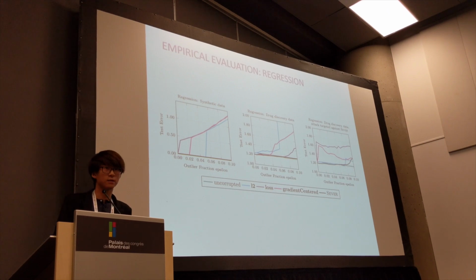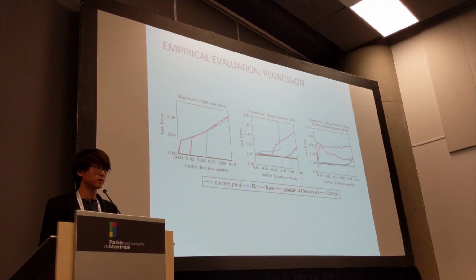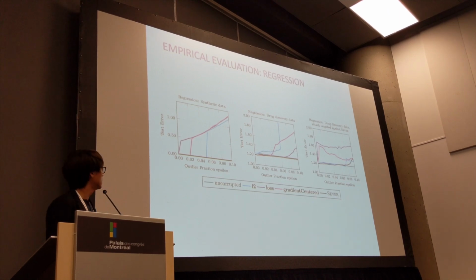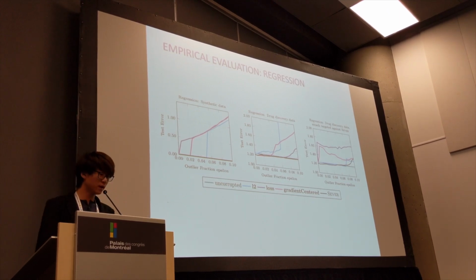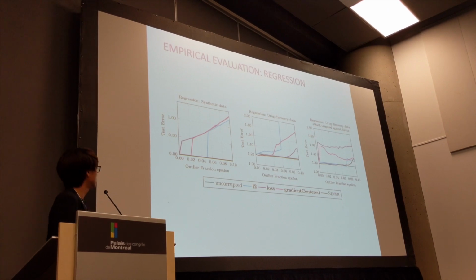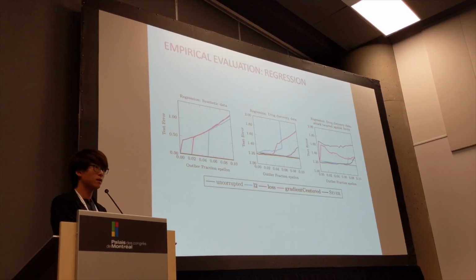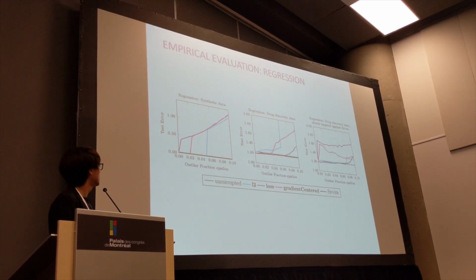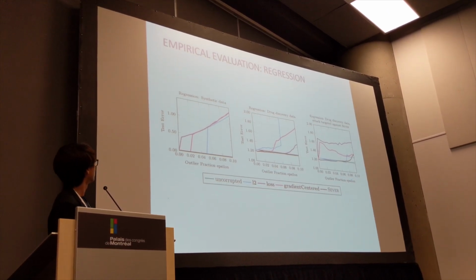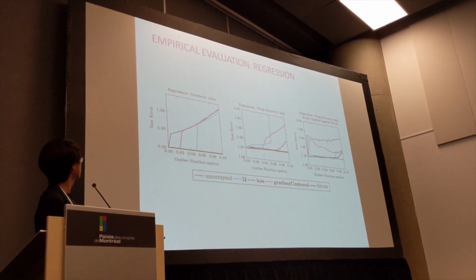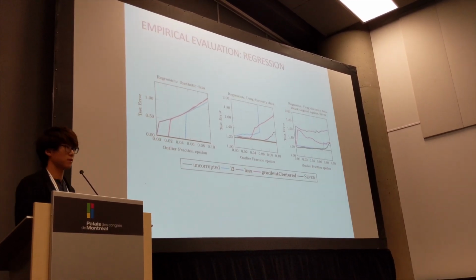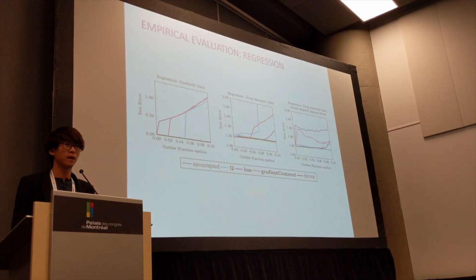So we tried this for two tasks. We tried this for regression, and we tried this for SVM. Both tasks we did for both synthetic and real-world data. We took the best data poisoning attacks that we knew of, and we just tried them on our defense as well as the other benchmark defenses that we had. Okay, and you can see, in this case of regression, we just plotted the test error as a function of epsilon, the fraction of outlier points.